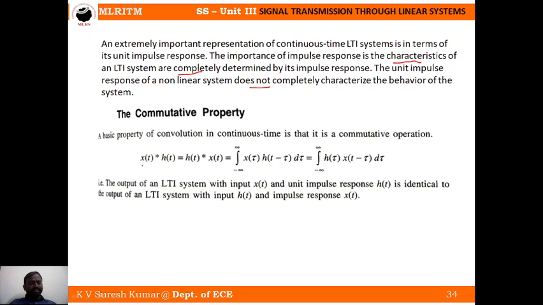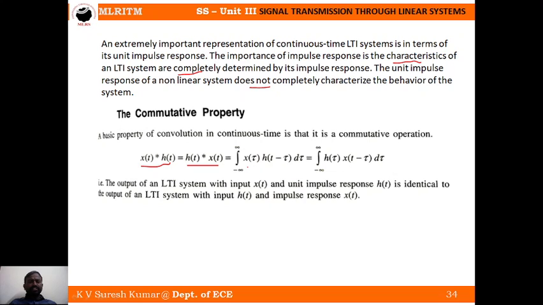That is in maths. In the same way in signals, if you do convolution of signal x of t and impulse response h of t, or if you do convolution in the reverse way, h of t convolution x of t, both give the same answer. So that is the commutative property.